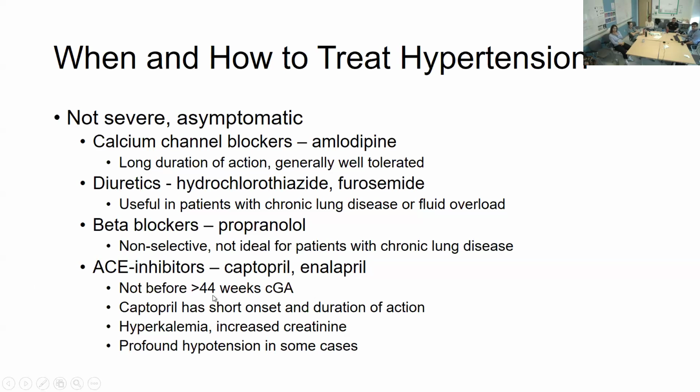ACE inhibitors we try not to use until 44 weeks corrected gestational age. We typically in newborns will use captopril because it has a quite short onset of action, but also the duration of action is quite short. And it's anywhere, I think, from 2 to 4 times a day dosing. So if you need to stop it or you don't want it to be around anymore, you just skip doses.